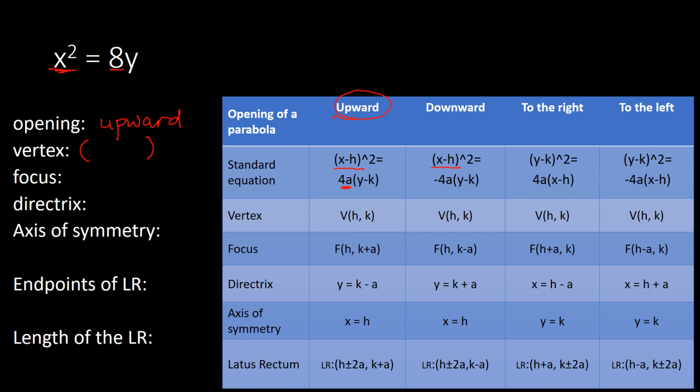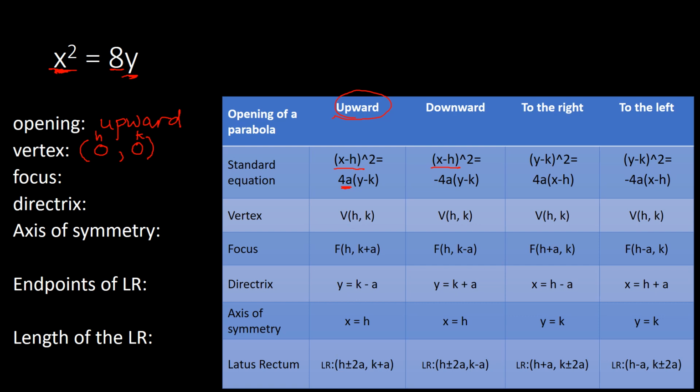But if you don't have, just like this one here, we don't have a number added to or subtracted from this x, so automatically that is a 0. Next one, on y, we don't have any number added to it or subtracted from it, so that is also a 0. So this is now our vertex, in which our h is 0, our k is 0.